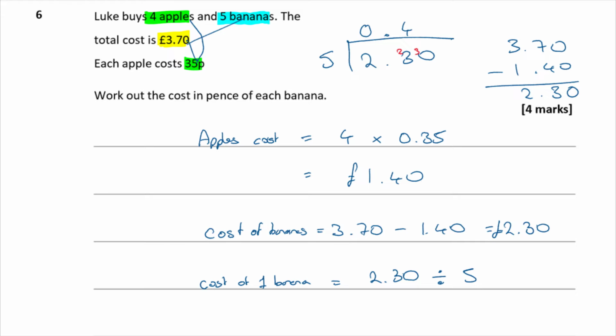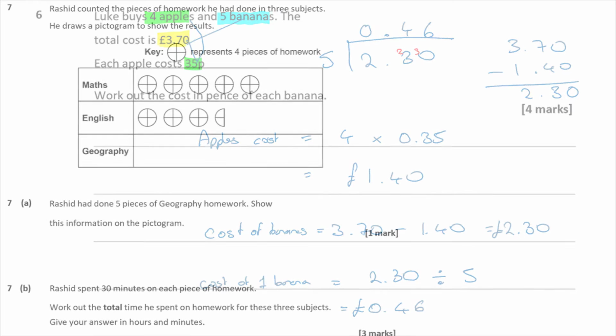And then finally, 5s into 30 go 6 times, remainder 0. Okay, so then the cost of 1 banana is going to be 0.46 pounds, or 46p. Okay, we've done it.